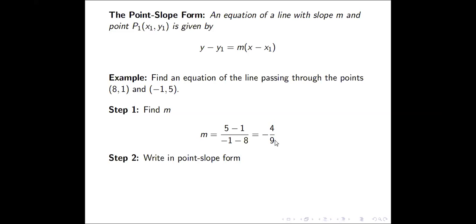So let's choose (8, 1) to be our x sub 1, y sub 1. Merely plugging in, we have the point slope form: y minus 1 equals the slope, negative 4/9, times x minus 8. So this is a correct equation for the line.